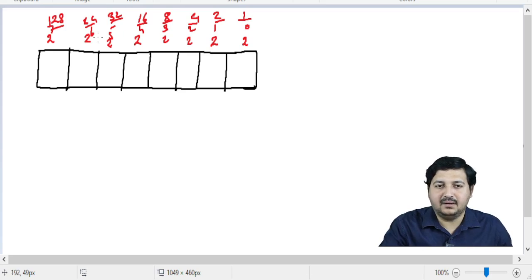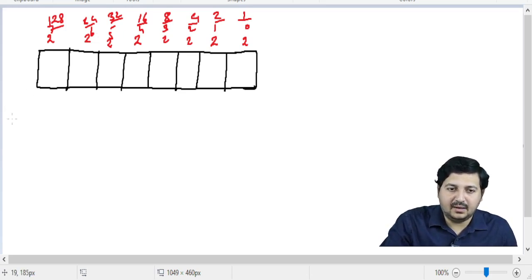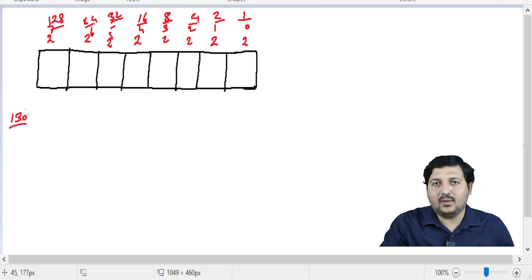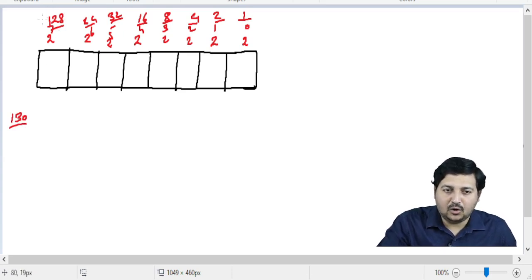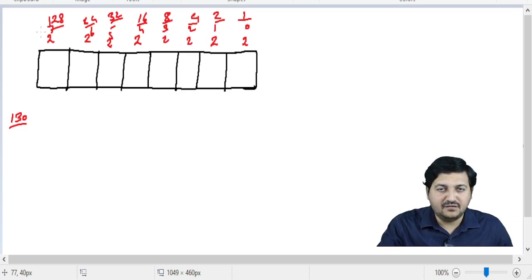For example, if I have a number 130, how do we convert 130 into binary? See, we have only 2 options in binary. Either we consider a value or we don't. If we consider it, we place 1.